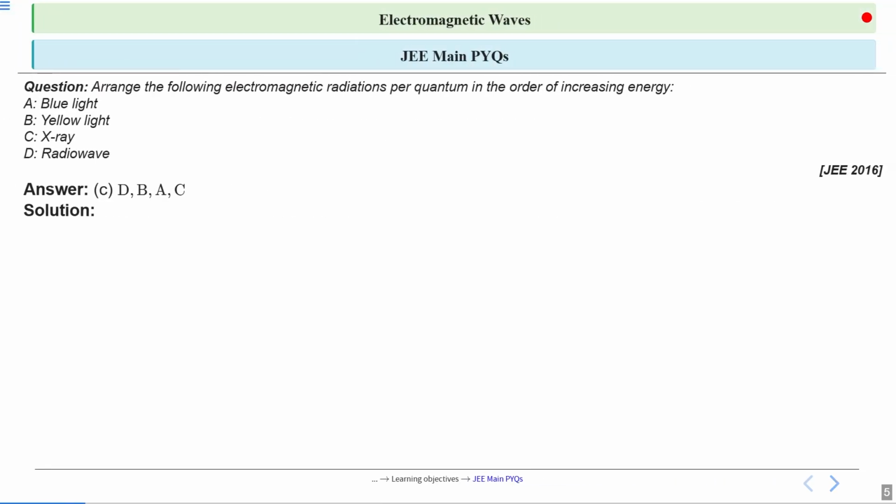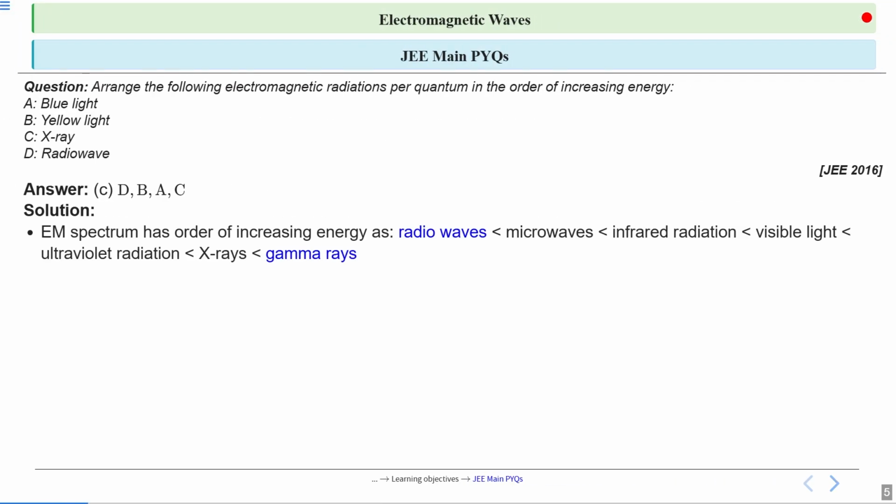Correct option is C, DBAC. Okay, so EM spectra, those who have solved are appreciated, and those who haven't solved yet, they can refer to the solution. So EM spectrum has order of increasing energy as radio waves. Okay, so gamma rays have maximum energy because frequency of gamma rays is maximum.